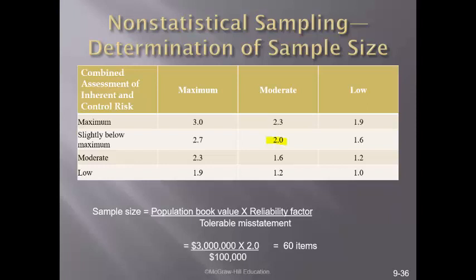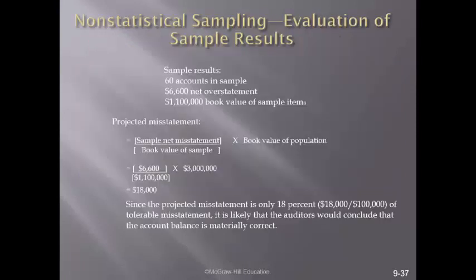For this example, we will choose a reliability factor of 2.0 based on a combined assessment of inherent and control risk slightly below the maximum and a moderate risk that other substantive procedures will fail to detect a material misstatement. We then multiply the reliability factor by the population's book value and divide by the tolerable misstatement to determine the sample size of 60 items.